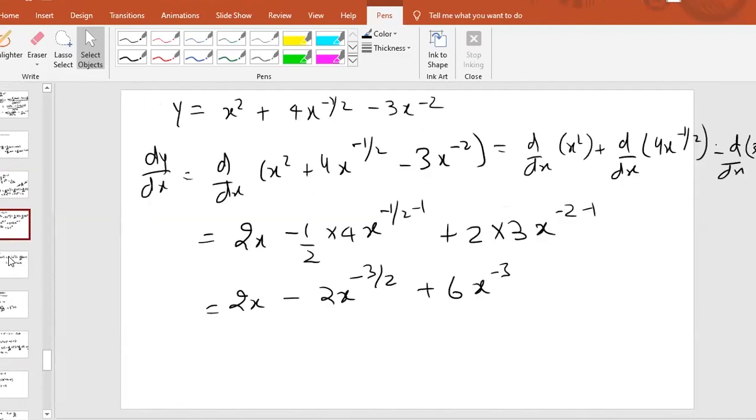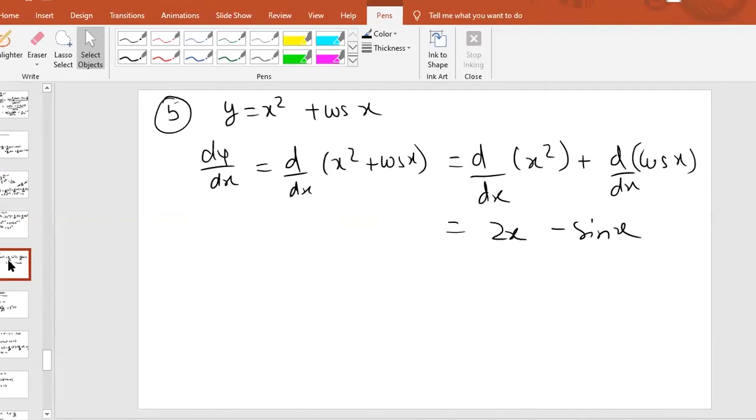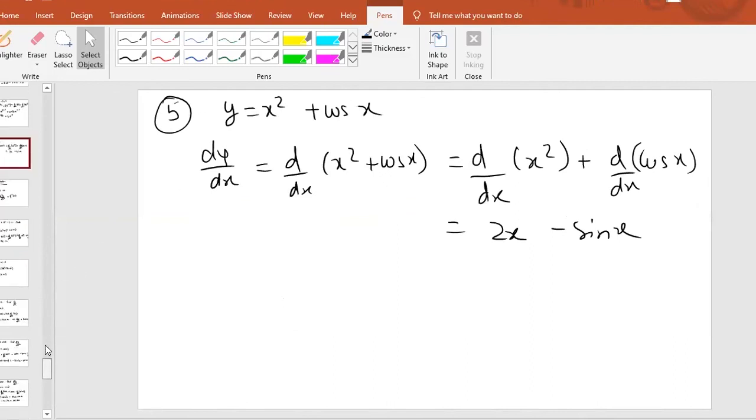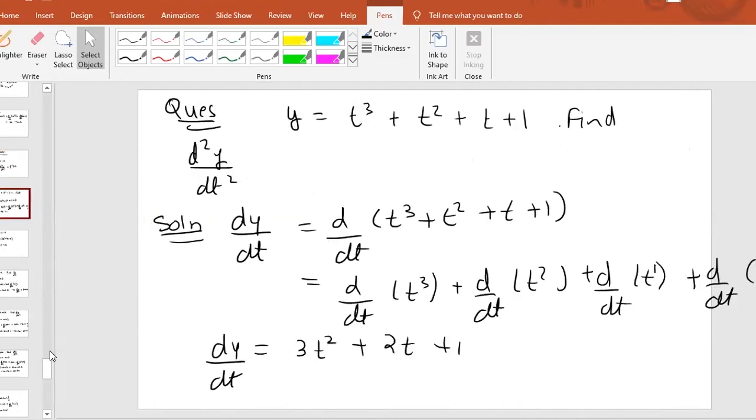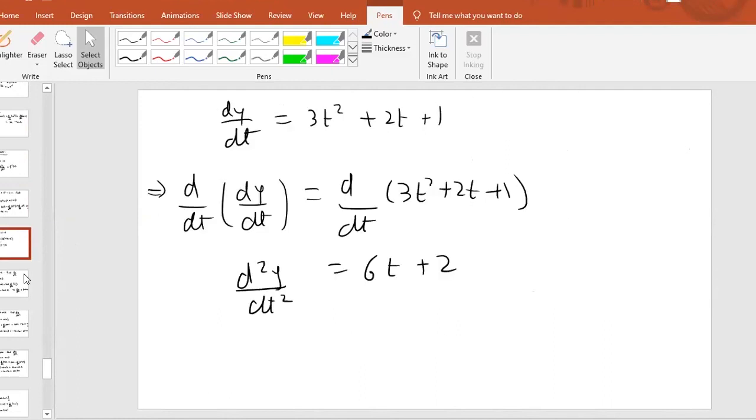Second slide, third. Then this concept we discussed, double differentiation. The next one is the example for double differentiation. This slide.